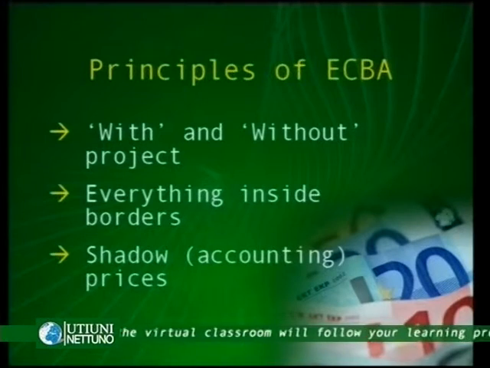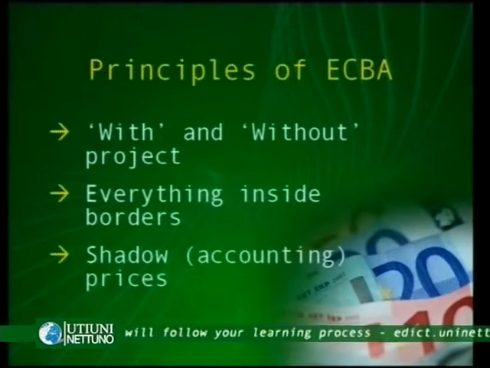Third aspect, we adopt the shadow accounting prices. This is something on which we have spent a good amount of time, because shadow pricing is at the core of economic cost-benefit analysis.